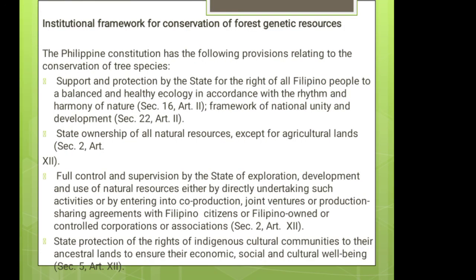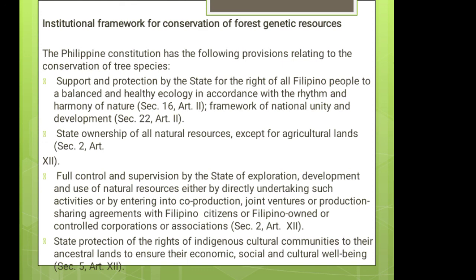Dito sa Institutional Framework for Conservation of Forest Genetic Resources, ang gobyerno ay merong programa ng tree breeding and propagation na pinapangunahan ng DENR na may suporta mula sa Forest Management Bureau and ERDB.